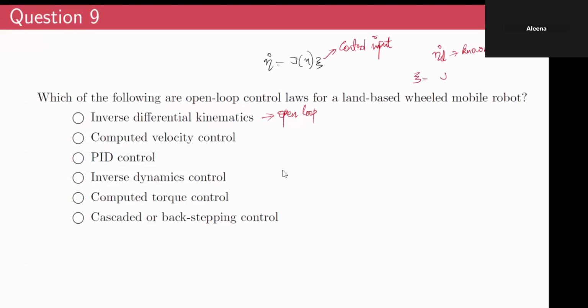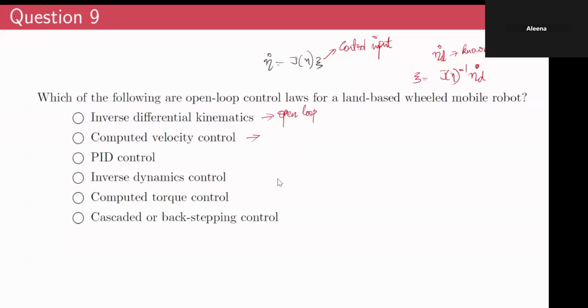It is nothing but J of eta inverse times eta desired dot. So this is the inverse differential kinematics. Very straightforward, but it's open loop because there are no feedback terms involved in this control loop. So that makes it open loop.